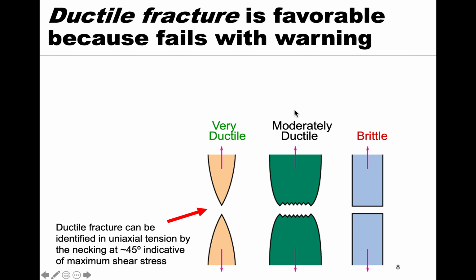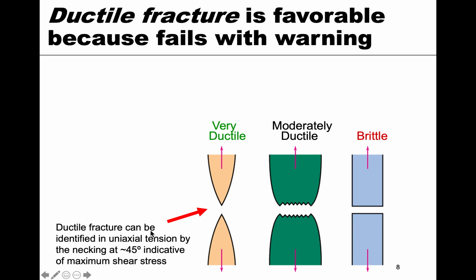With this moderately ductile material and very ductile, you see that it's changing shape. The cross-sectional diameter is decreasing here and decreasing to a point in this material. So it gives us warning before it's going to break. We get plastic deformation before we get failure, whereas with brittle, there's no plastic deformation, so there's no warning.